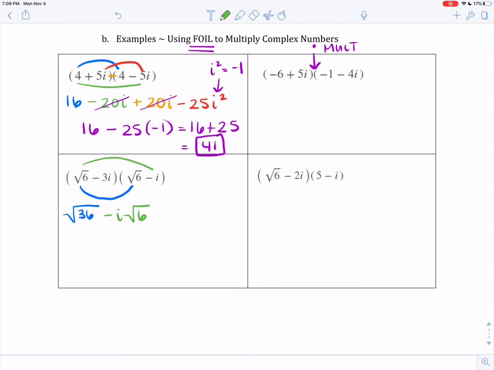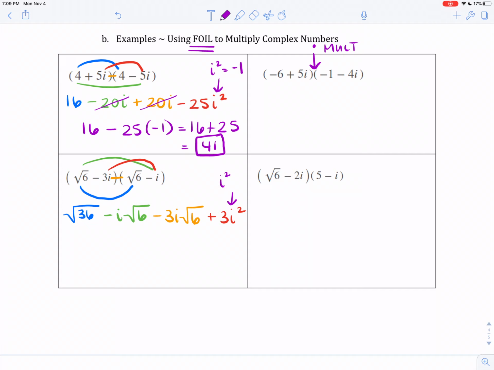So -i times the square root of 6, and I'm going to do the same thing when I look at my inner terms. So I'm going to write this as negative 3i times the square root of 6. And then my last terms, negative 3i times negative i, that's going to become a positive 3, and then again, i times i is i squared.